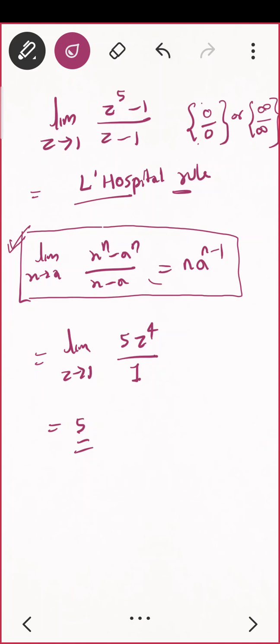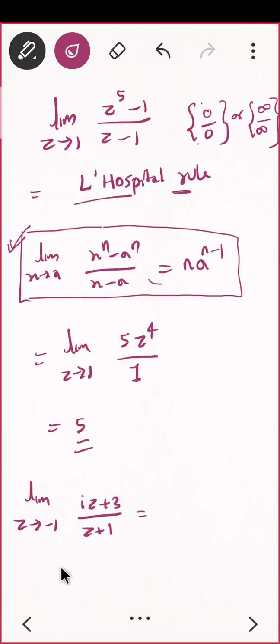Okay, let me ask you one more question. Now it will seem easier to you. What is the value? What is the answer? Come on, quickly.